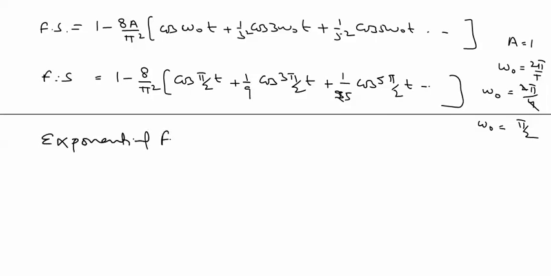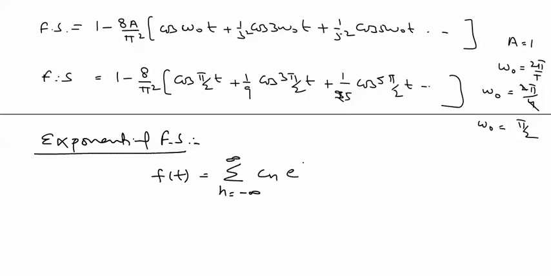Exponential Fourier series. For the exponential Fourier series, f(t) is represented by the summation from minus infinity to infinity of Cn e power j n omega naught t, where Cn is the exponential Fourier series coefficient.